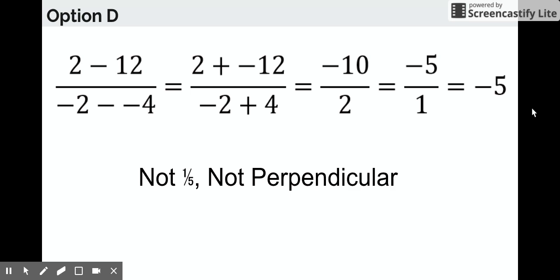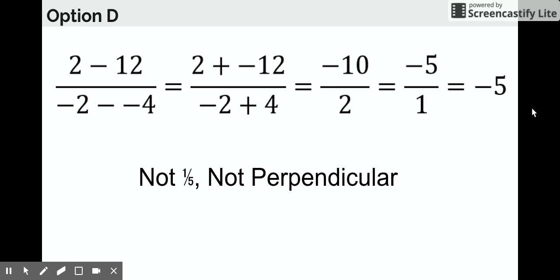First, we have to write the slope formula with the given coordinate pairs. Our coordinate pairs were negative 4, 12, and negative 2, 2. Now we have to put the values into the slope formula. Our equation would be 2 minus 12 over negative 2 minus negative 4.